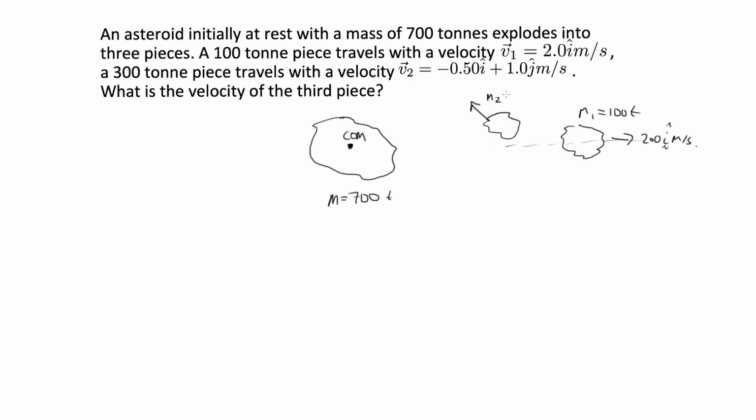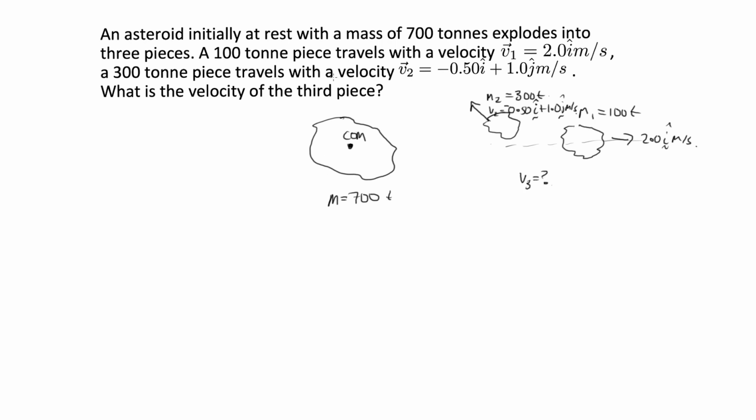So we say m2 is equal to 300 tons, and this velocity v2 is equal to 0.50i minus 0.05i plus 1.0j meters per second. And we're asked what's the velocity of the third piece, so we need to find v3.